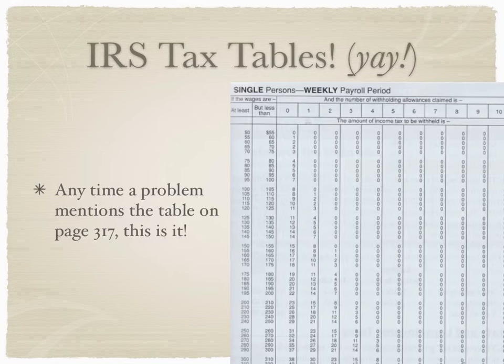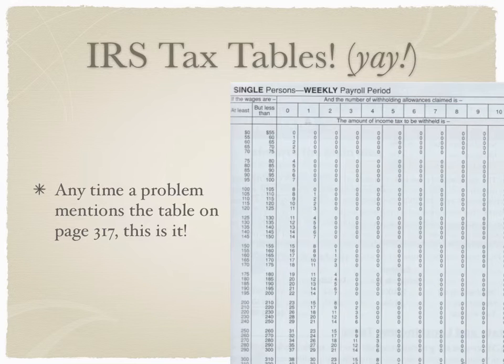The table has a section for single persons with a weekly payroll, and below that, married persons with a weekly payroll. These tables then get redefined for biweekly, monthly, or semi-monthly pay, as the case may be. Again, in all those cases they'd be split between single and married people.